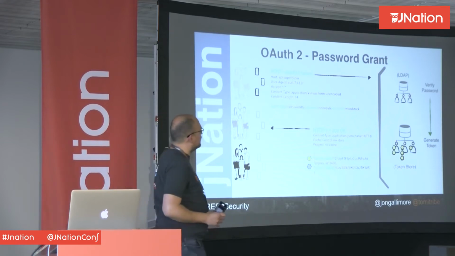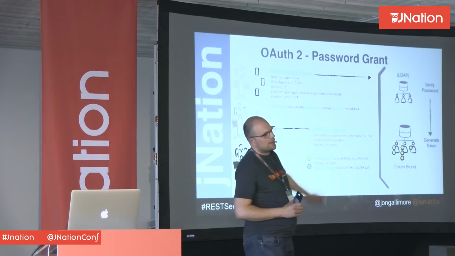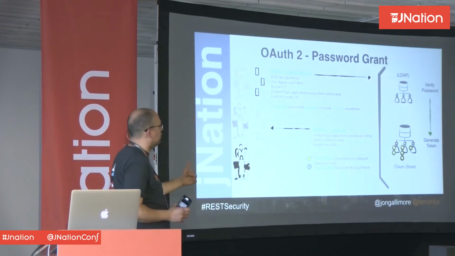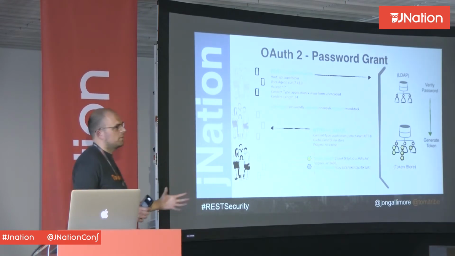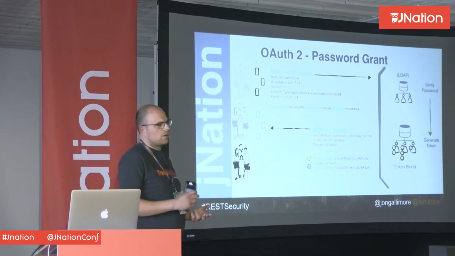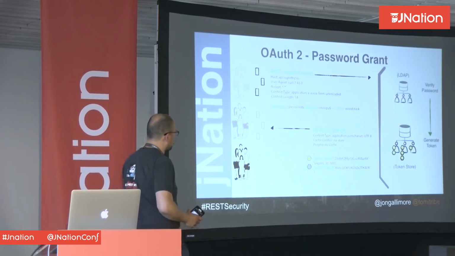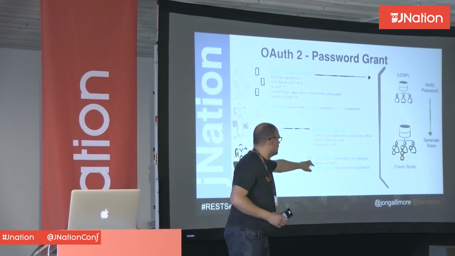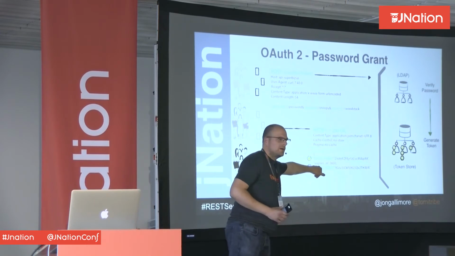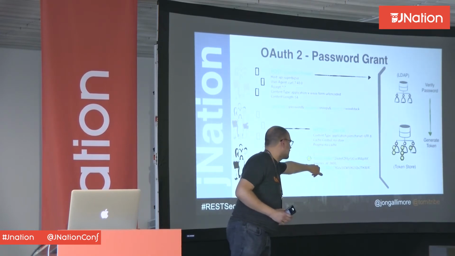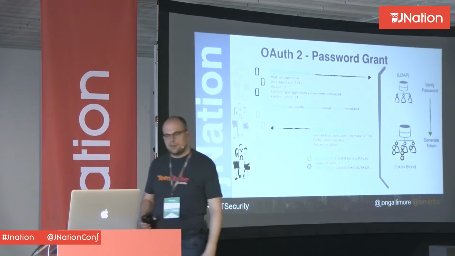The gateway will go off to LDAP and verify that password, and then generate a token and store that token, along with some of your details such as what roles you might have, in the token store. It will return a JSON payload with an access token and a refresh token. There's also an expiry time here, which on this slide is set to expire in an hour's time.